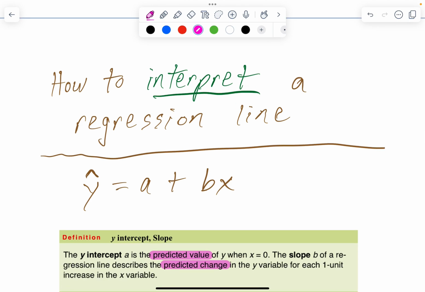All right, now, how to interpret a regression line. So when you took your algebra classes, you learned about intercept and slope, but you didn't really learn enough about them, as we now need to take it from a statistical perspective, knowing that the predicted values are rarely perfect.